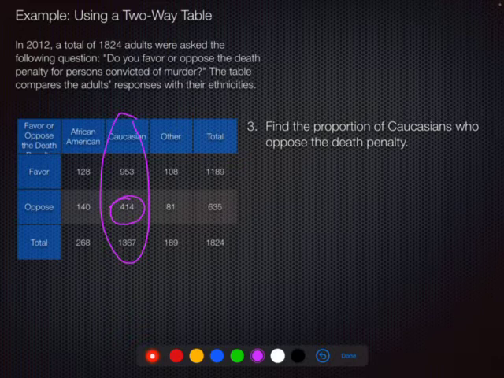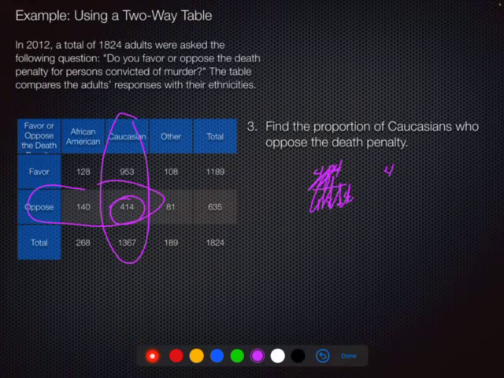We did the 414 right here, Caucasians who oppose it, again out of 1,824. Ooh, find the proportion of Caucasians, not the whole group. Better be careful there.